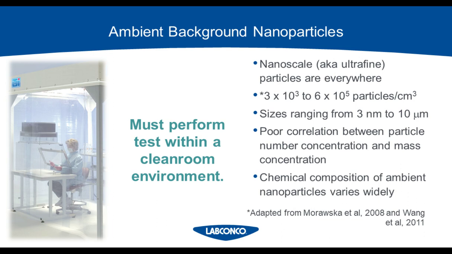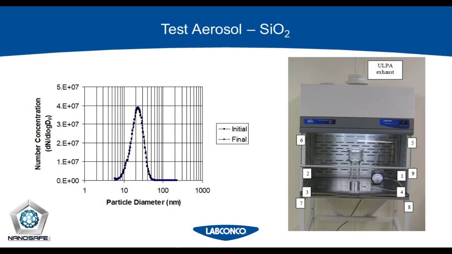So to test a hood, you need to eliminate that background noise, and that is easily done in a clean room. Clean rooms are obviously not going to be accessible in every environment where a laboratory nanomaterial hood or glove box is in place, but certainly for the sake of testing on an initial basis, these are important characteristics to take into consideration. All right, now that we've outlined some of the unique parameters, let's talk about the test material.